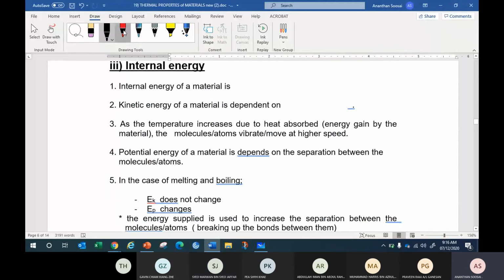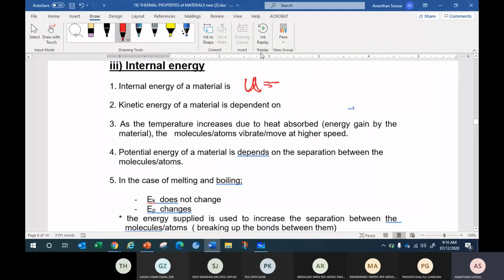Internal energy of a material is the sum of... guys, come on. What is internal energy? Internal energy is the sum of kinetic plus potential energy.